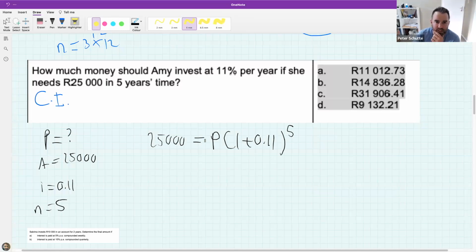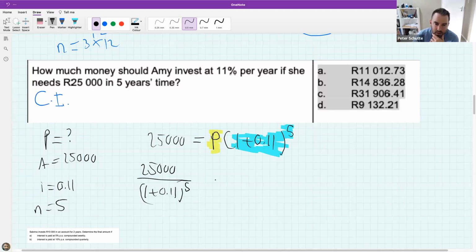And what I want to get at is, what is the original amount here? The good news is I know my equations, and I think I can just move this whole thing to the other side. At the moment it's being multiplied, which means if I bring it across, it's just going to be divided to get P.